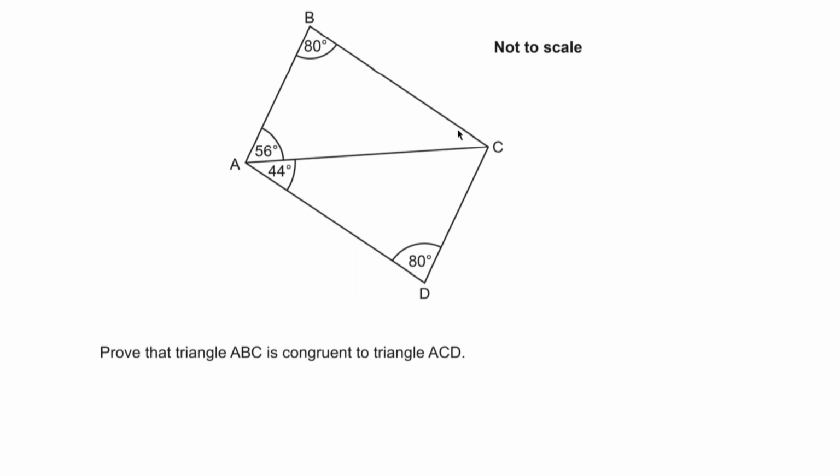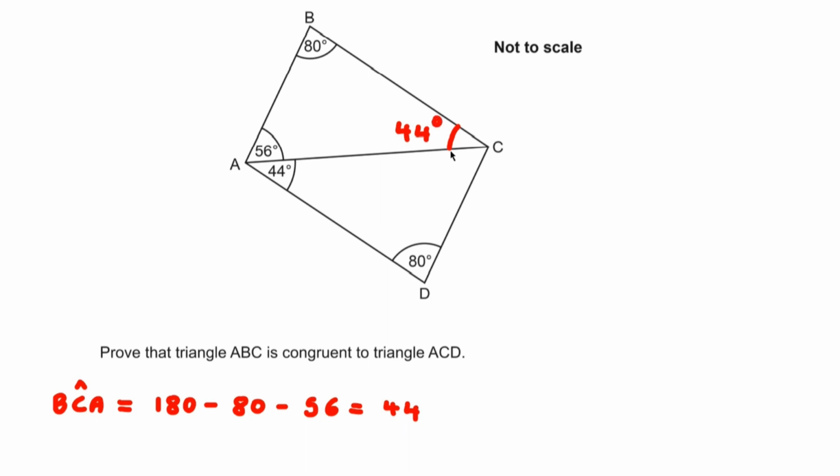We've got this angle here, which we need to work out. That's the angle BCA. That's equal to 180 subtract 80 subtract 56, which is 44.